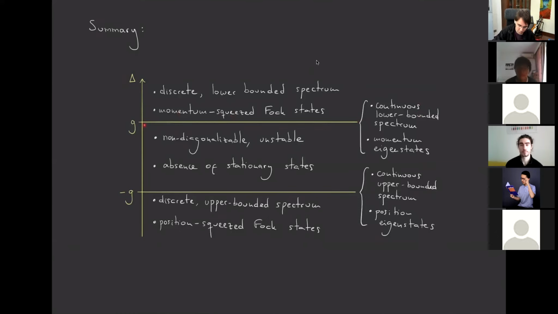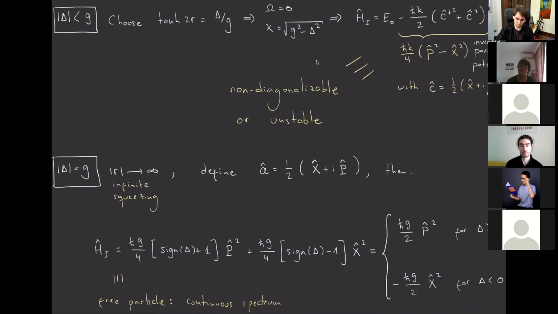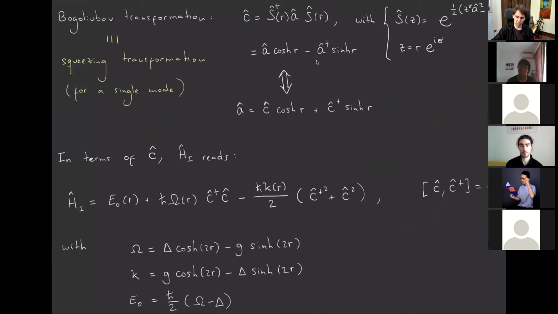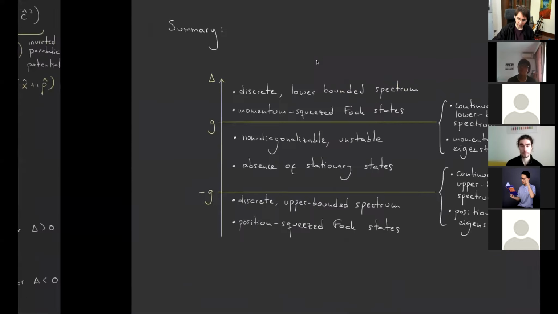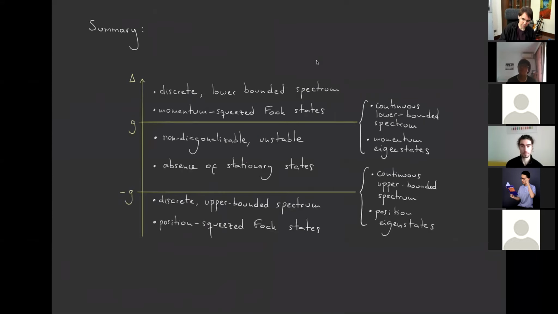Now, when the detuning is between G and minus G, the Hamiltonian is non-diagonalizable. There are no stationary eigenstates, which we call unstable. This is also easy to remember because the point in between G and minus G is 0.